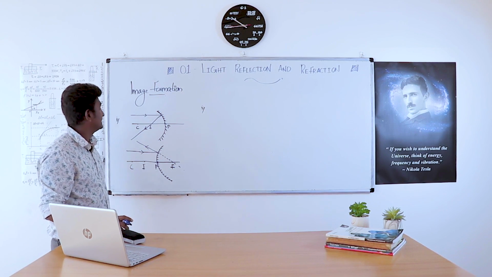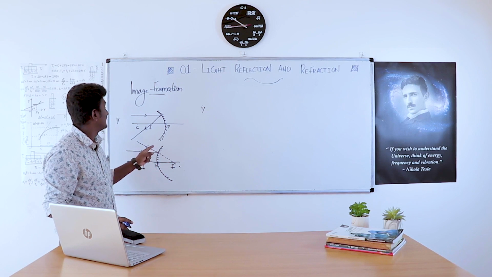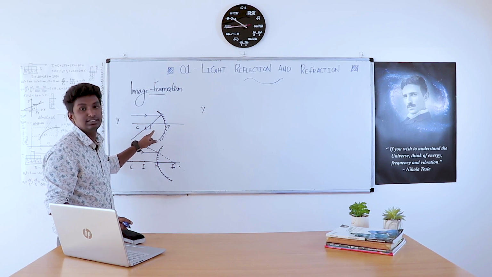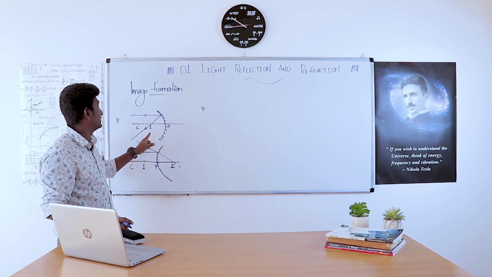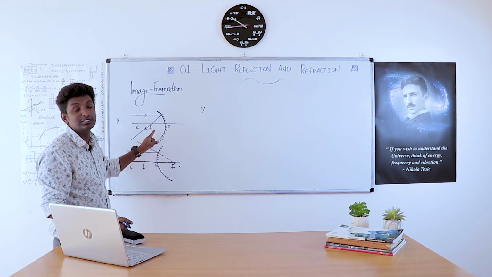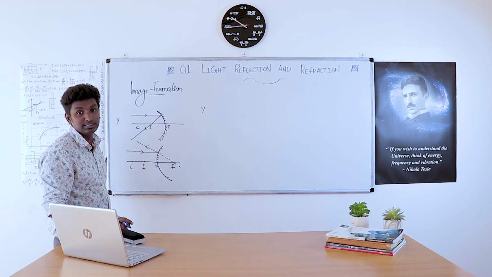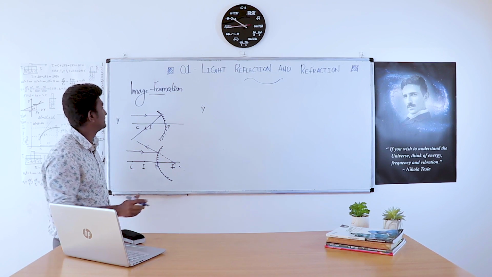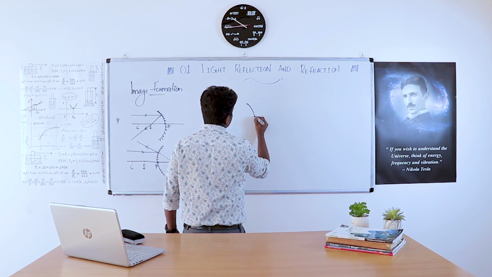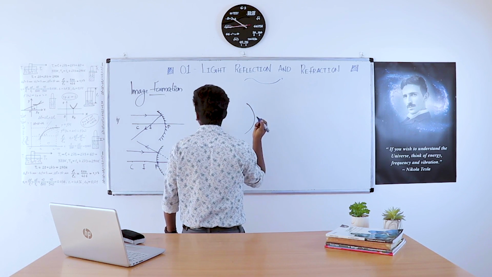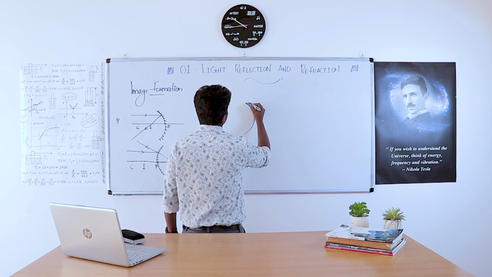Now the second case is when a ray of light comes through the focus, after reflection from the mirror, it passes parallel to the principal axis. Now we can draw the case. First, this is a concave mirror.